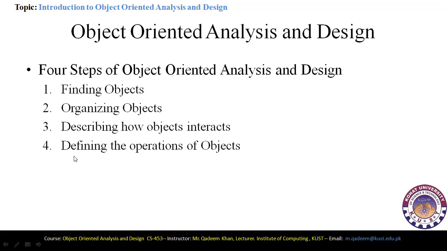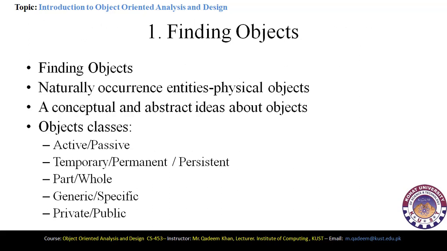The next one is defining the operations of the objects. Here we will define different sorts of functionalities of the objects. The functionality of the objects will be provided in the third section of the object. The first section will be the name of the object, the second will be the variables of the object, and the third will be the different operations of the object. Now we will explain each and every one in detail.